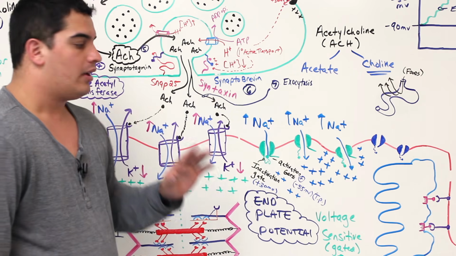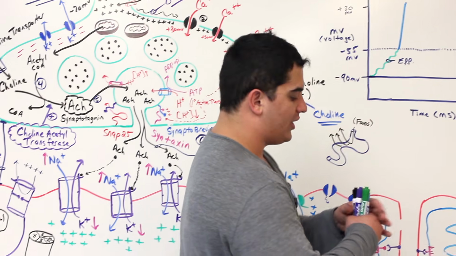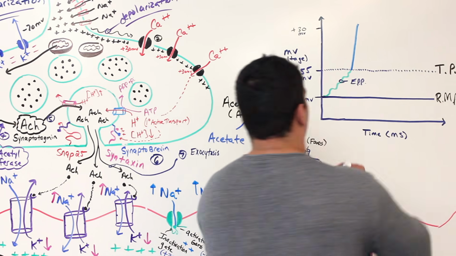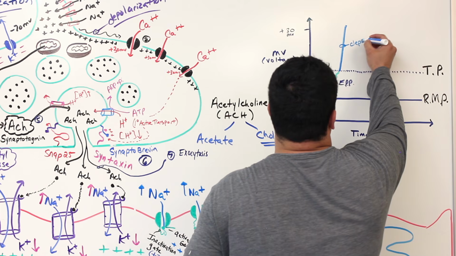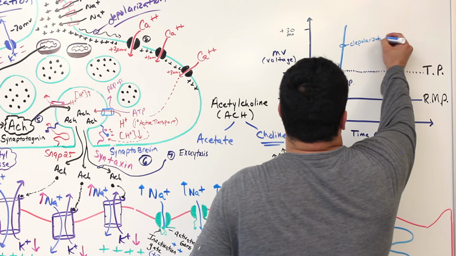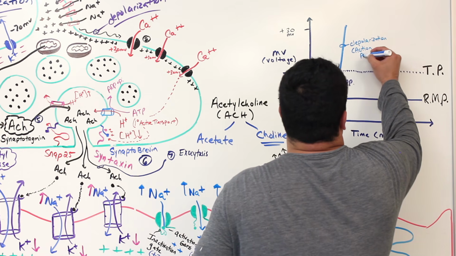Now, this point here is called the depolarizing current, or the action potential. So this is depolarization, and this is what produces the action potential.